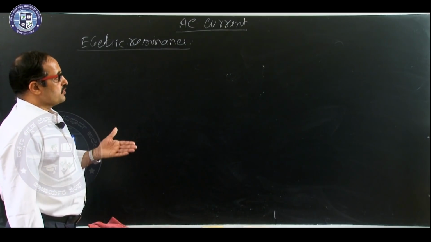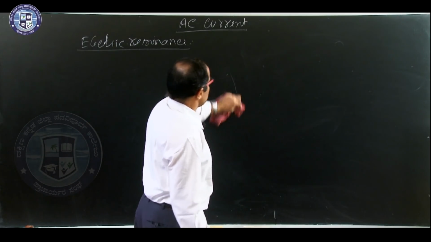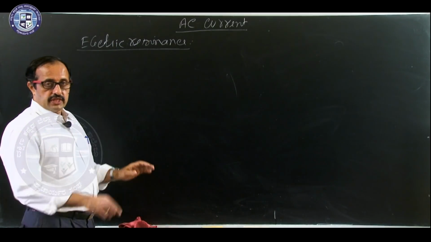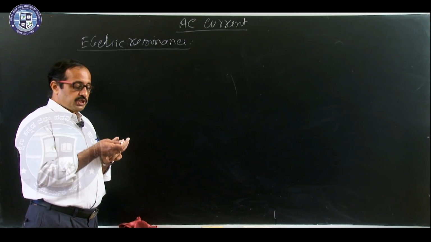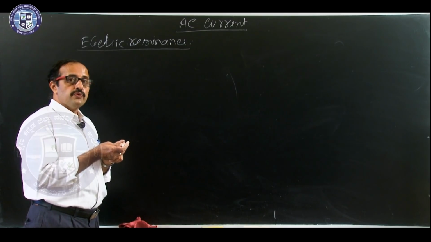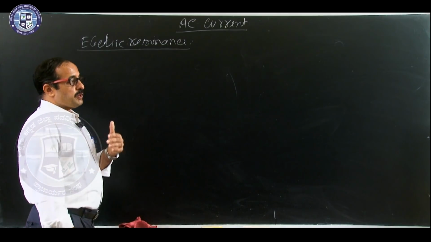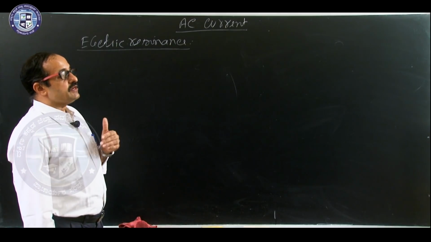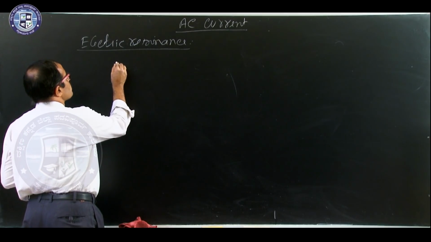I already said, if voltage across inductor and voltage across capacitor are equal, they cancel each other in the phasor drawing. Voltage across the circuit, V naught, peak value, becomes VR. Now, what is the speciality of electric resonance under that condition? We start with the expression for impedance.